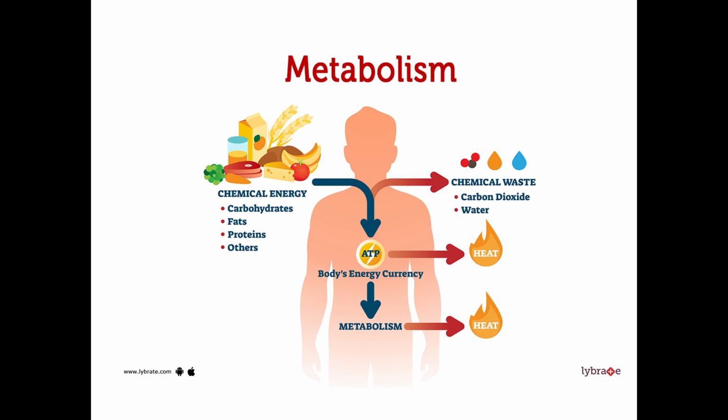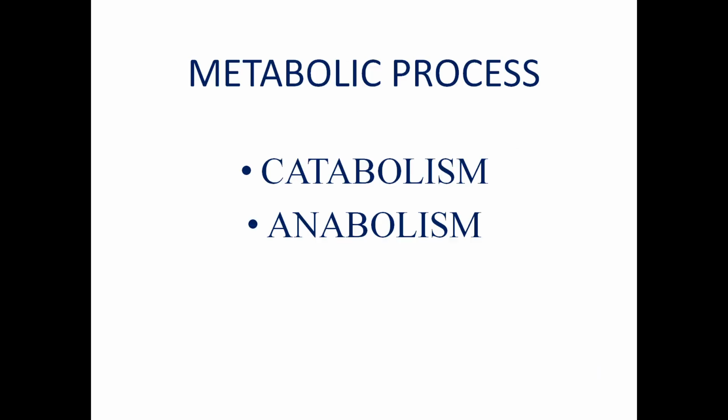All the chemical reactions occurring in the living organism, from digestion to transportation of substances from cell to cell, require energy. There are two types of metabolic process: catabolism and anabolism. Catabolism is mainly involved in breaking down larger organic molecules into smaller molecules.